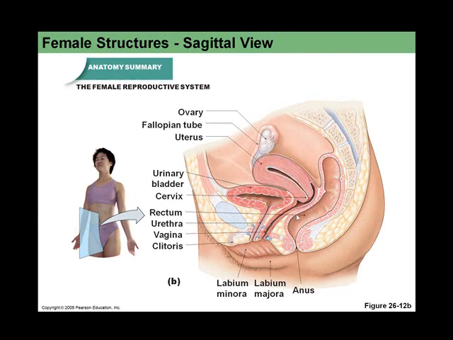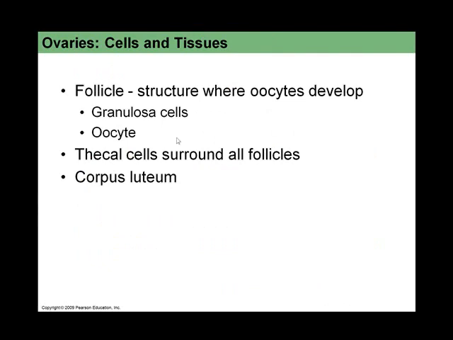You see also the association with the rectum and the anus, and here's the external anal sphincter and the internal anal sphincter located here. Now then, to divert attention briefly to the ovaries, considering the cells and the tissues there. So the follicle is the structure where the oocytes develop.